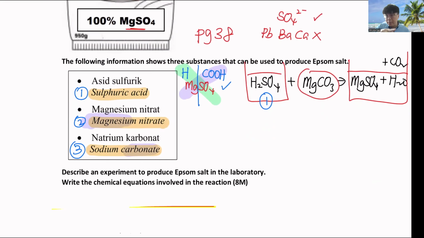You can see very similar questions from two different states, so I think it's one of the predictions coming up. If school teachers refer to last year's state papers, they might choose this type of question. Now I don't have magnesium carbonate, so I have to prepare my own magnesium carbonate.